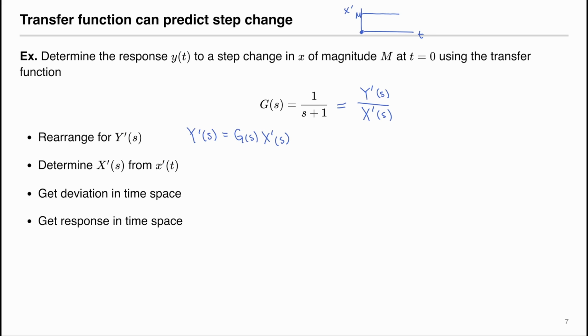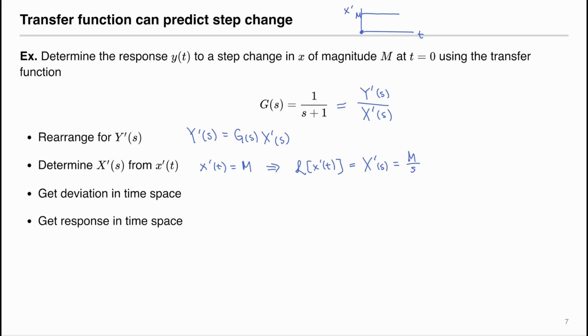And G of s we know, but X of s we don't know, but we can get it from x prime of t. x prime of t was defined as the magnitude m, a constant, so that we can take the Laplace transform of x prime of t. That gives us the big X prime of s. And the Laplace transform of a constant is the constant times 1 over s.